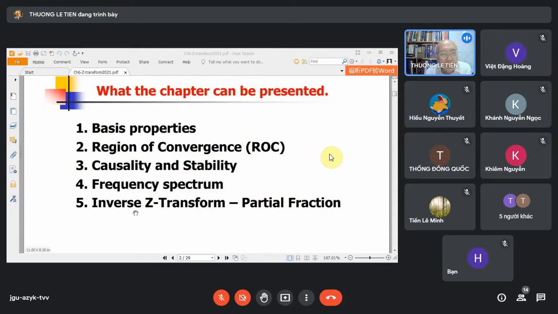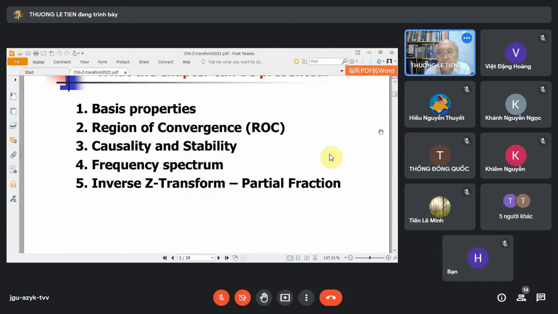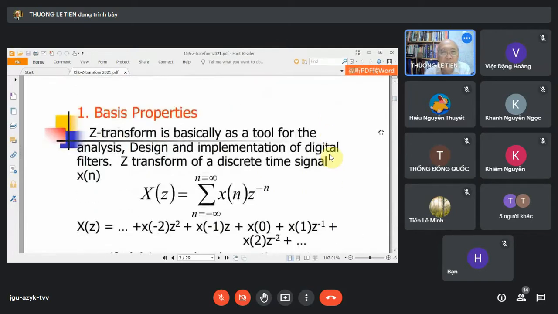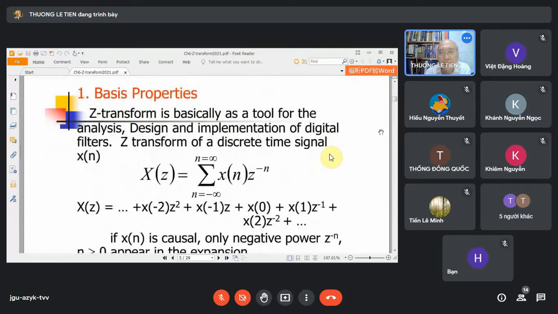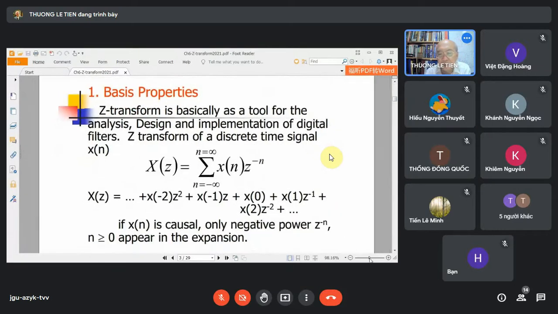And the final one, we talk about the inverse Z transform and the methods, namely partial fraction. Now, this one is just by definition.